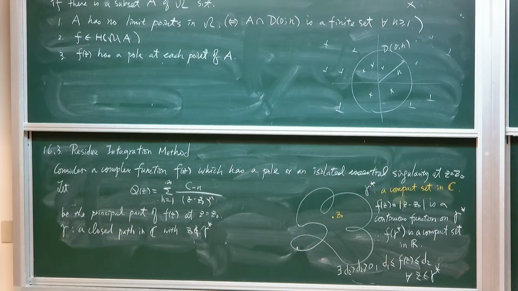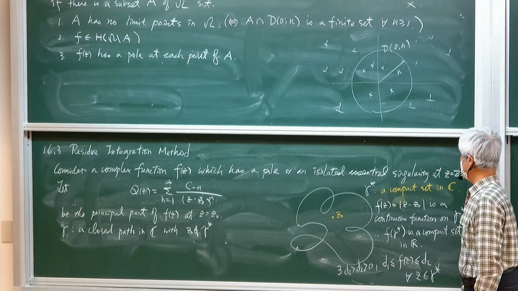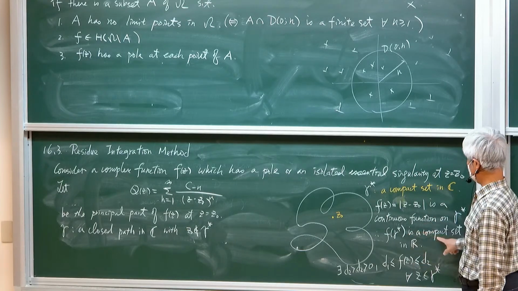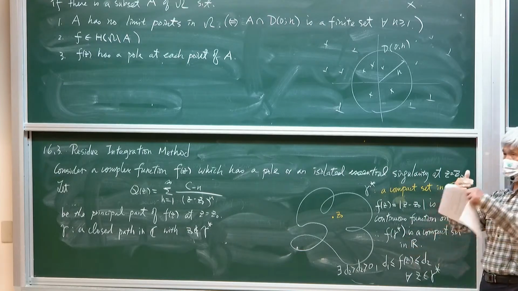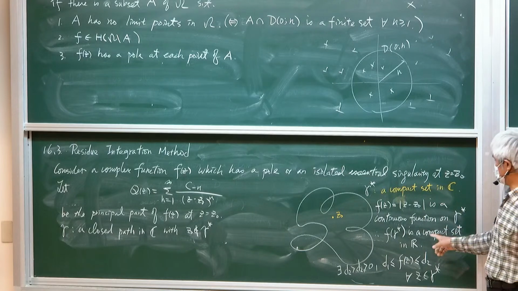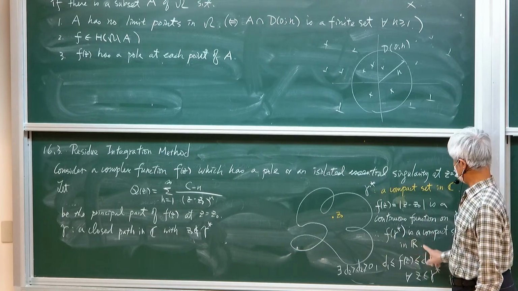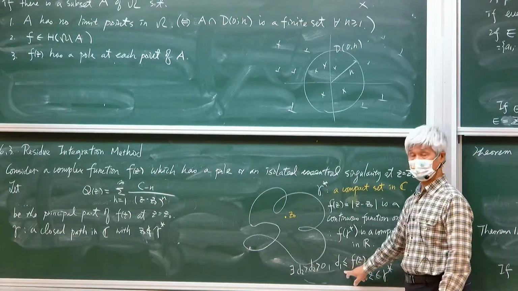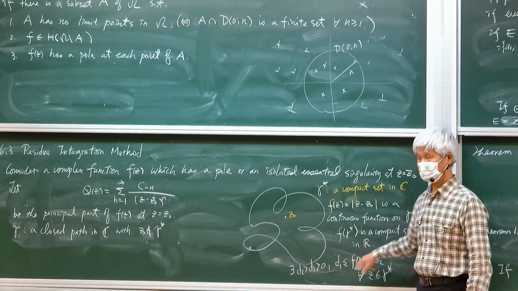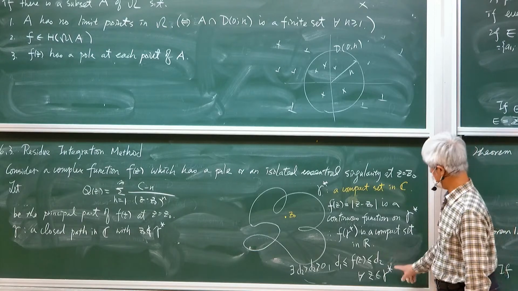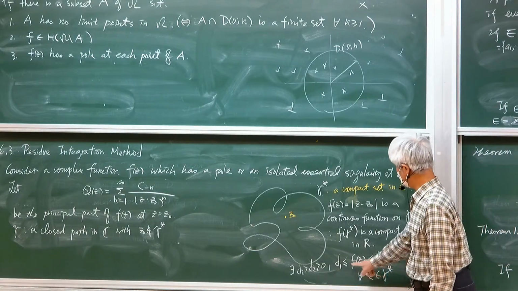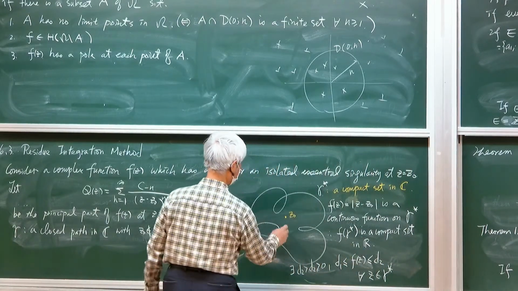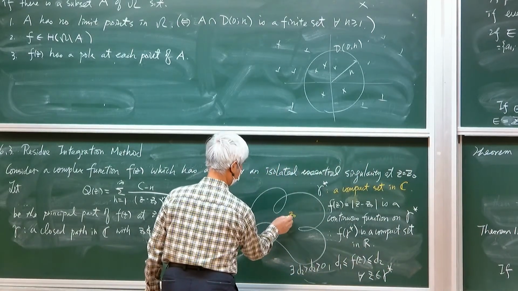Because the continuous image of a compact set is also compact, and a compact set in R is bounded, so it has the maxima and the minima. And so we have D1 and D2.